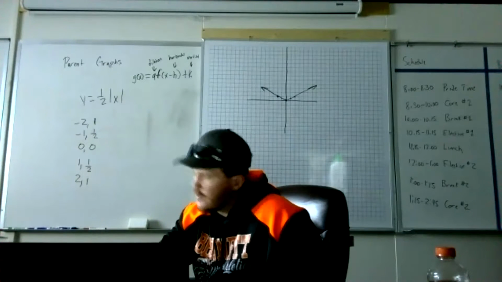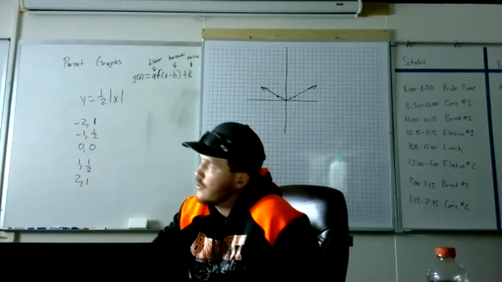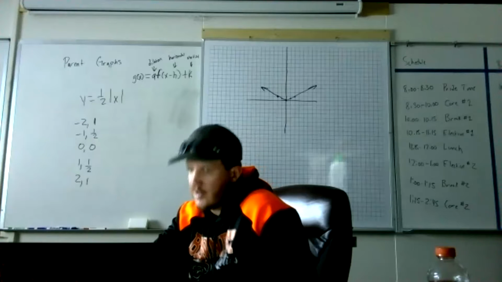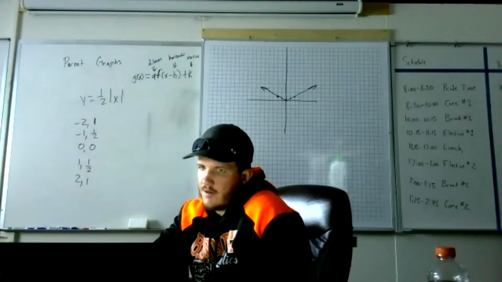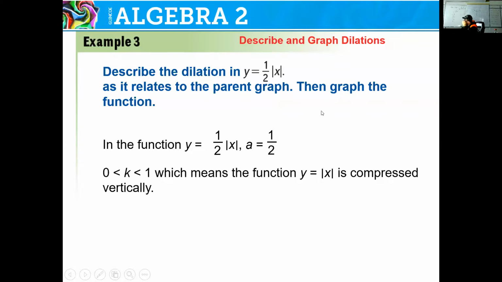But the key with the absolute value function, like I said, is that we want to treat those brackets as if they are parentheses. We have to take care of any operation that occurs on the inside of those first. This one, there's no plus or minus, so we can just take the absolute value of x. Since a is equal to 1/2, the function is compressed vertically by a factor of 1/2.